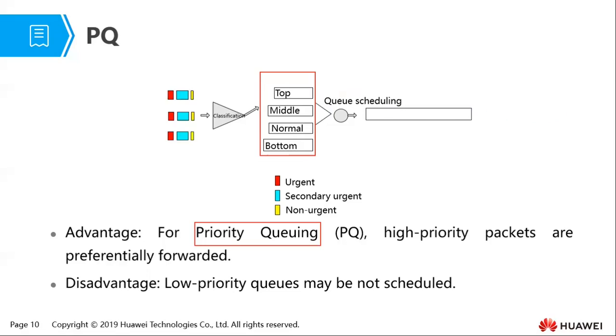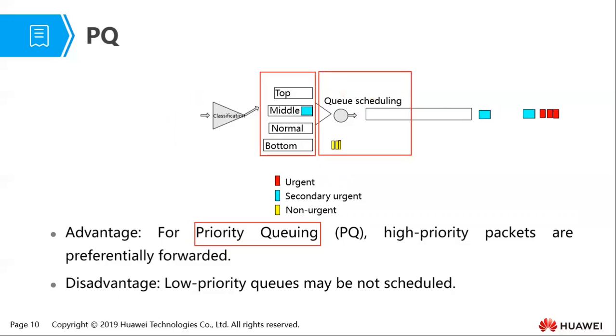Now, let me just go back. I want you to observe, after they have been added into the queues, how they are forwarded, so that you can understand the main disadvantage of priority queue. They're added to the queue depending on your priority. Now look how they are forwarded. We have to forward everything from the top queue, then the middle queue, then the normal, then the bottom.